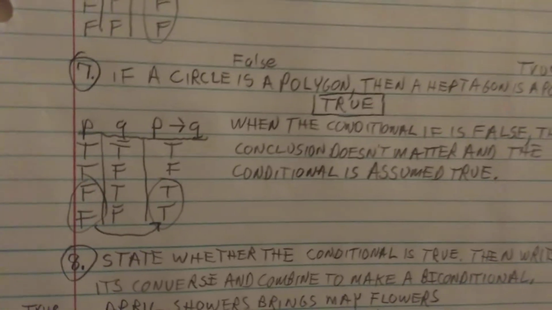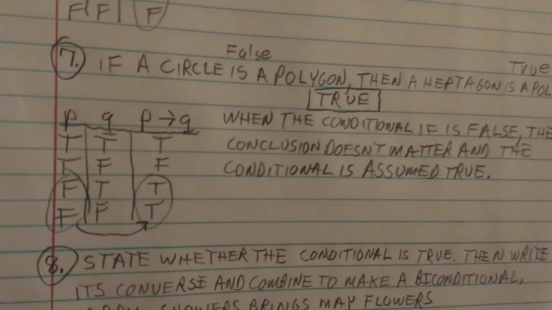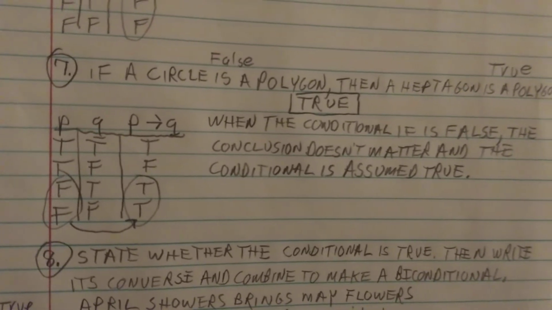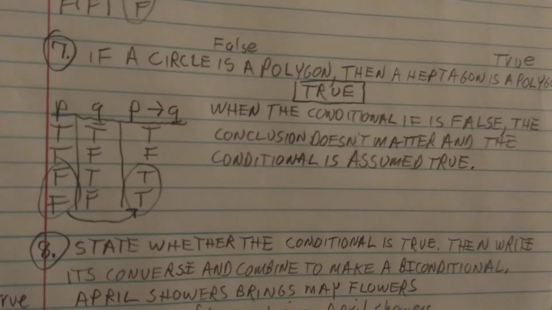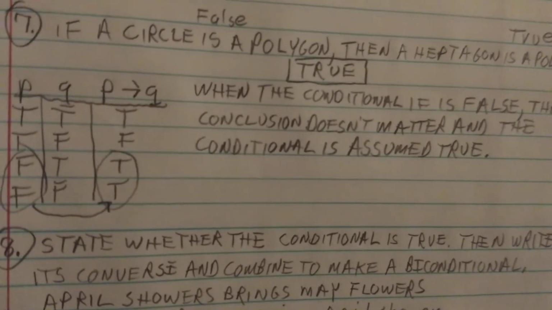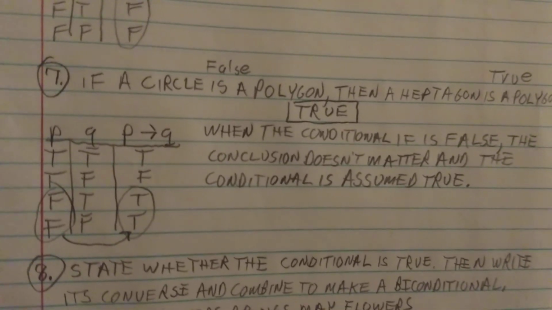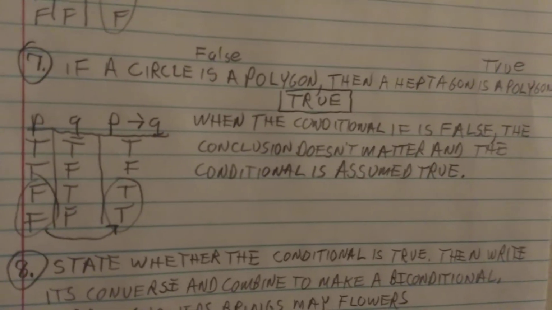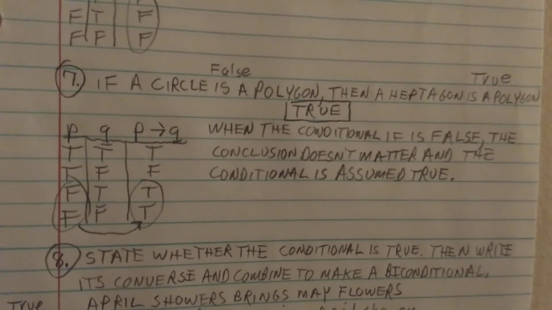When the first part, the P, is false, then it doesn't matter what the conclusion is, and the two circled F's on the bottom make the statement true. That's just what we assume to be true for a conditional. So with the first false and the conclusion true, the whole conditional is true. It's shown on the third entry: false, true, true.